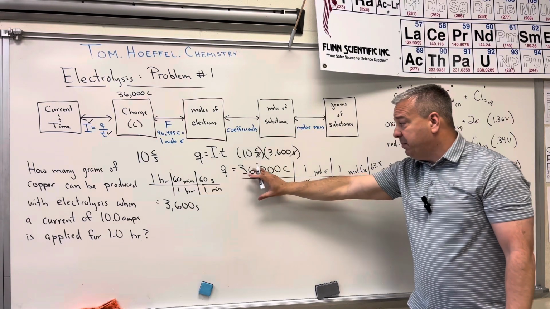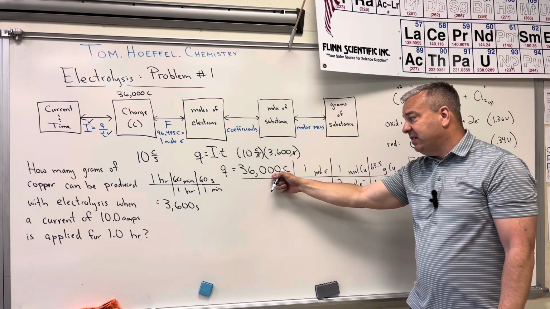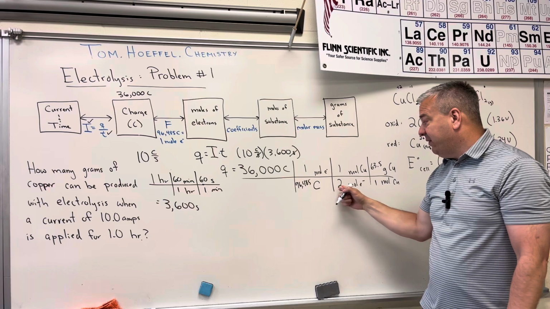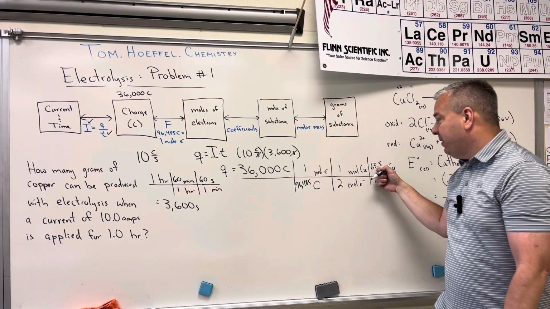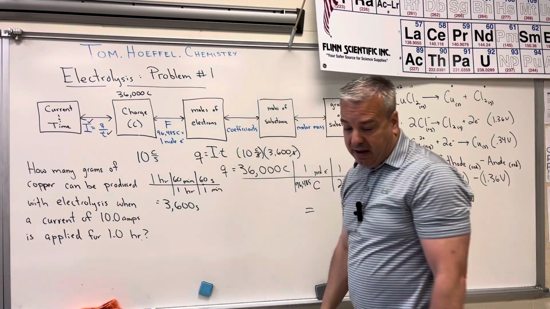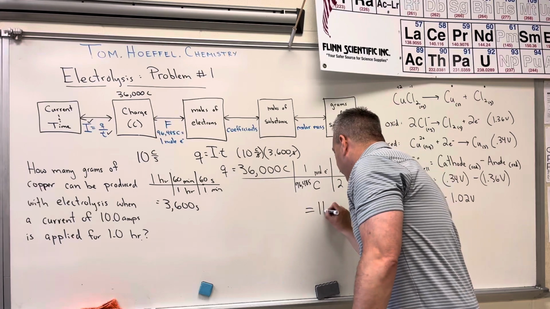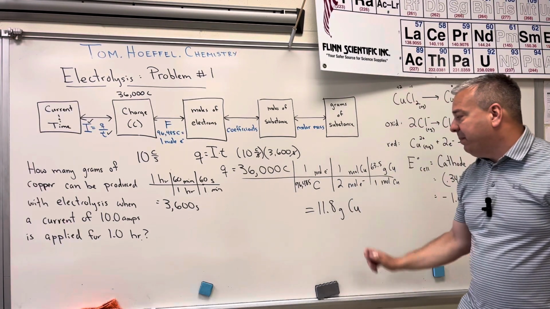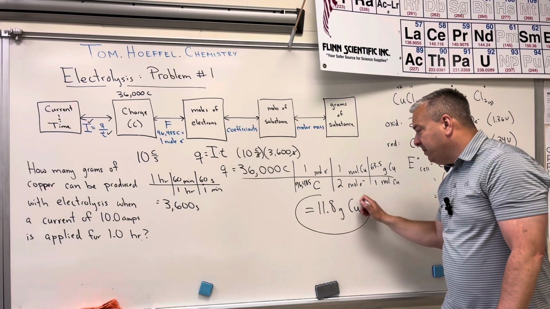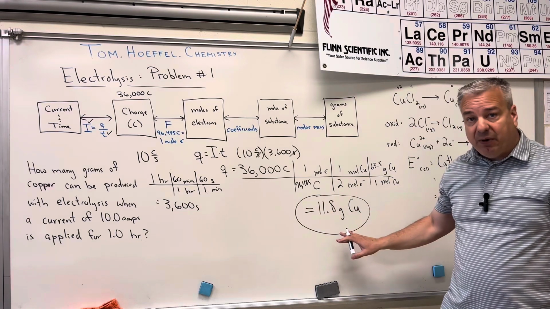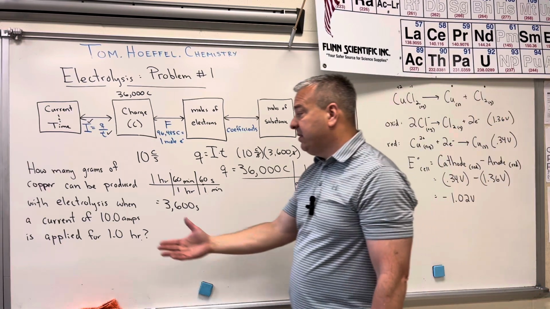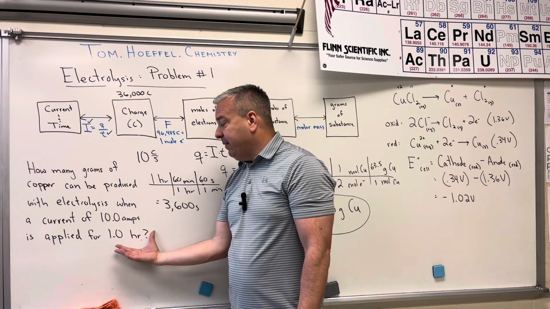I'm just going to put this in my calculator: 36,000 divided by 96,485, divided by 2, times 63.5 will give me a value to 3 sig figs of 11.8 grams of copper. And that is going to be your answer. This is how much copper I can produce if I do electrolysis with 10 amps going for 1 hour.